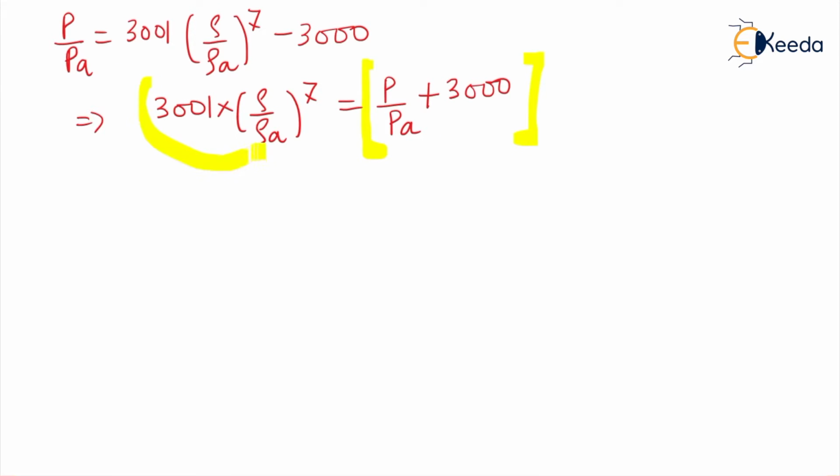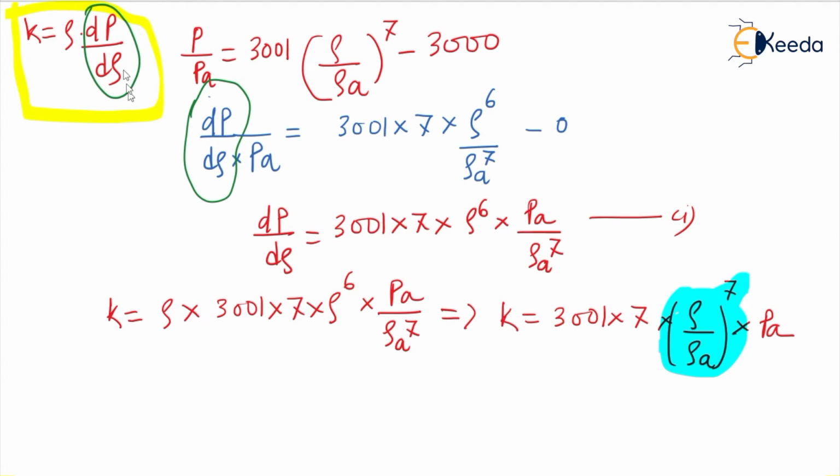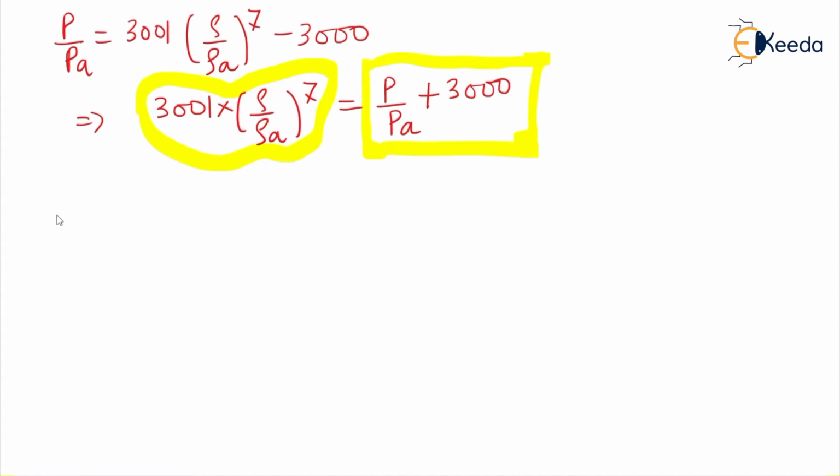Now this complete value can be replaced. Look at this here, we have the term 3001 multiplied by (rho by rho A) to the power 7. So it can be replaced with the expression P by Pa plus 3000.